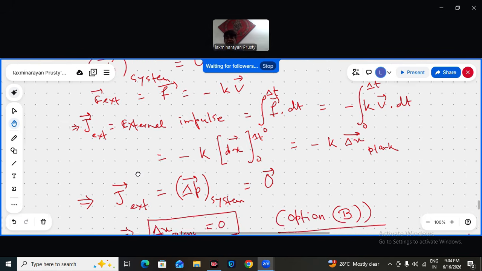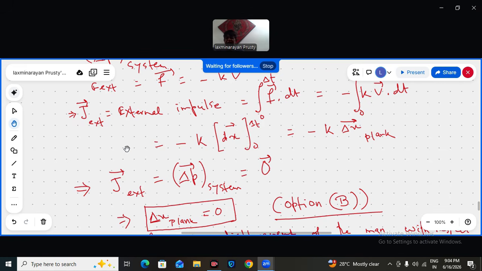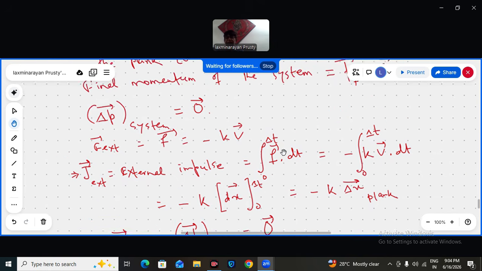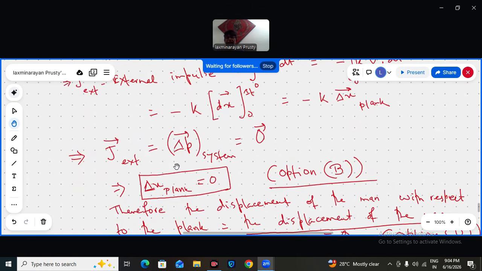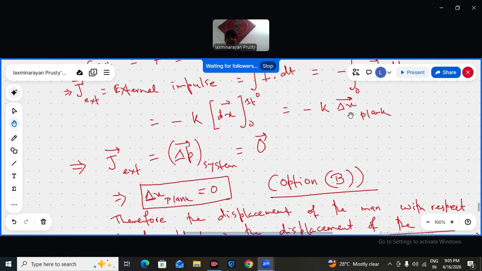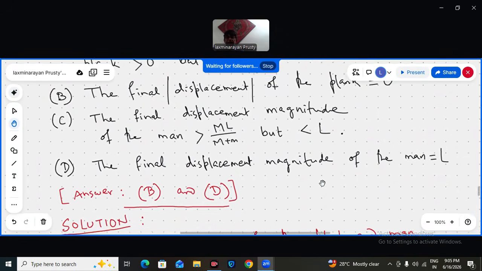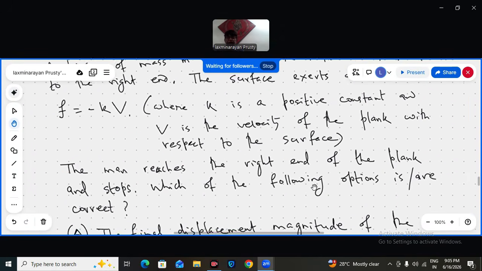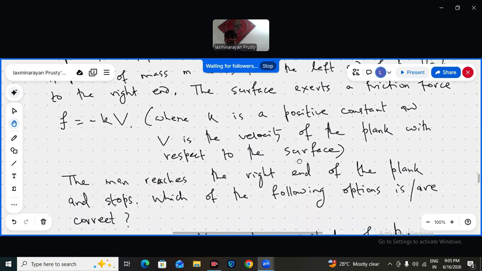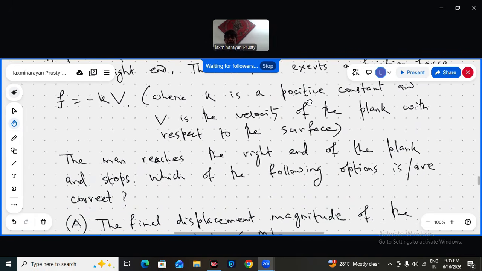But we know that J external, the impulse, is the change in momentum of the system, which is 0, I have already proven. So J external being 0 means minus k delta x bar of the plank is a 0 vector. K is not 0, I told you k is a positive constant.